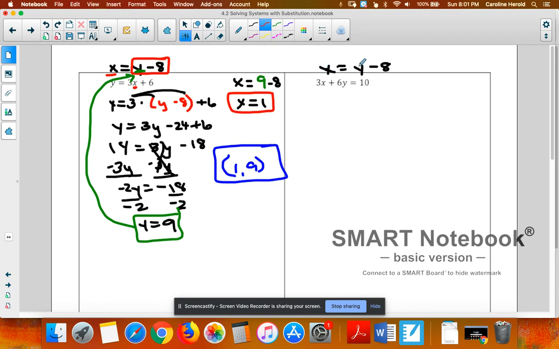Okay, x is solved for y minus 8. So wherever there's an x here, I'm going to put in a y minus 8. Is this what you did? 3 times y minus 8 plus 6y equals 10.